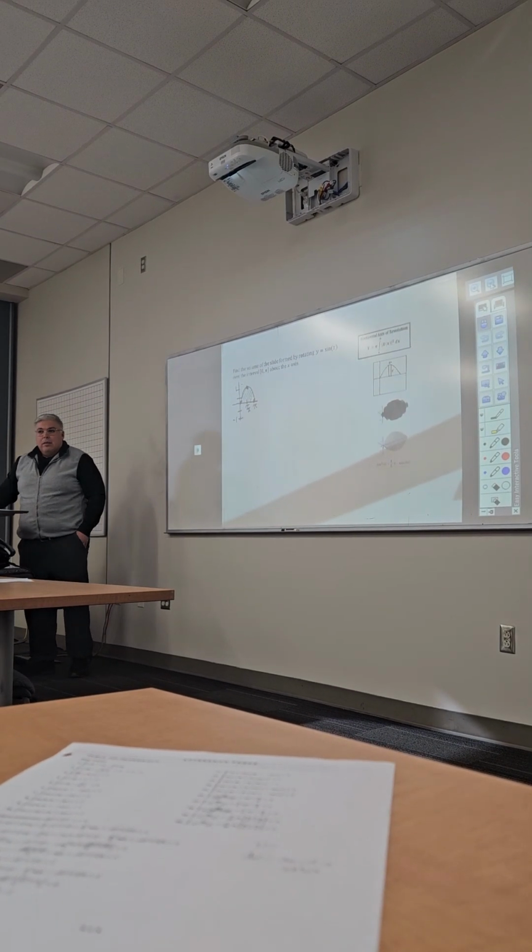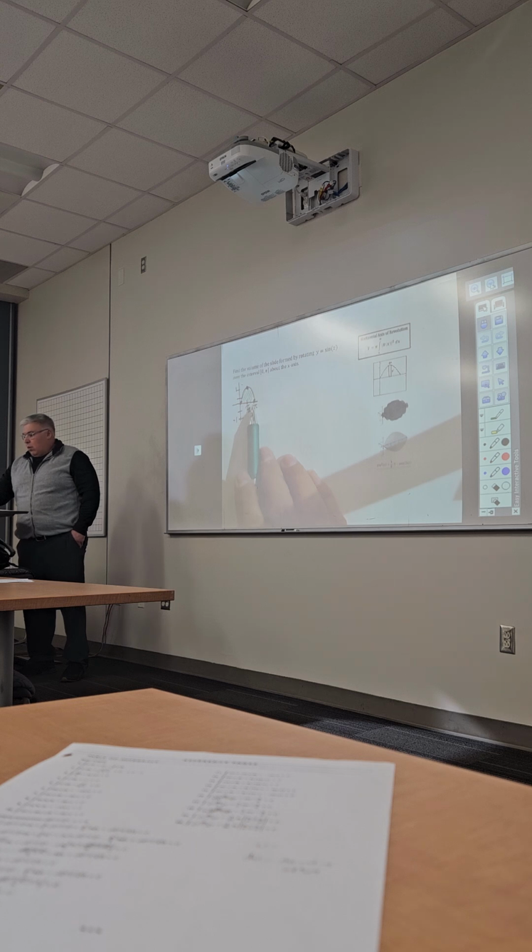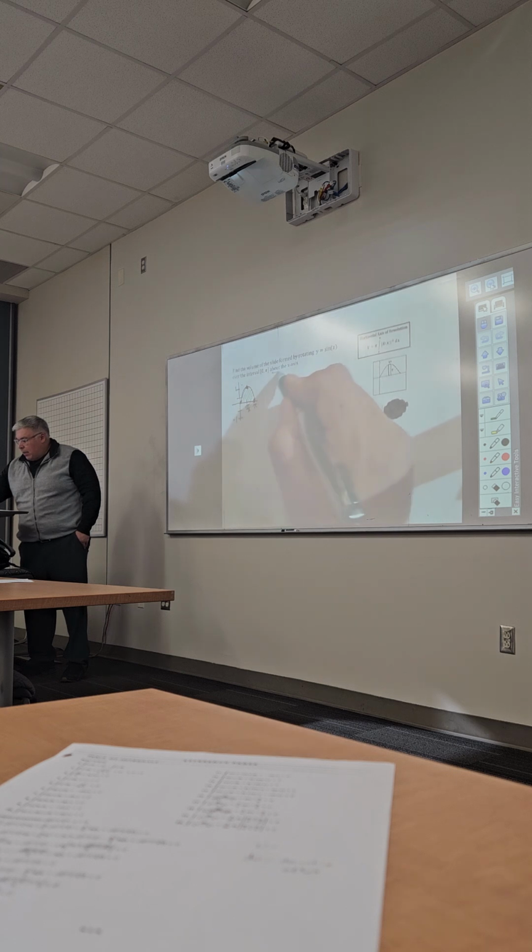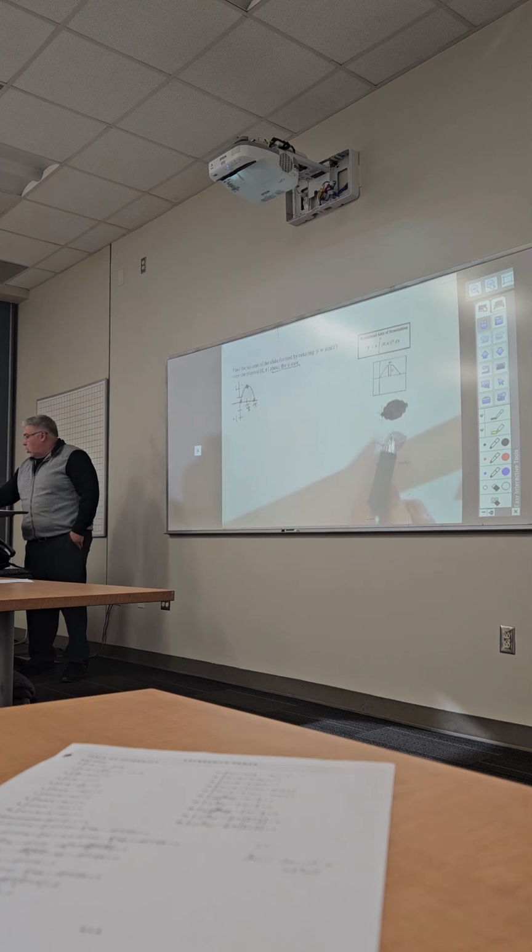What are we going to do? We're going to rotate that shaded region under the curve around what axis here? It says about the x-axis. And when you do that, it's going to create this 3D figure. See that? Looks like a lemon.